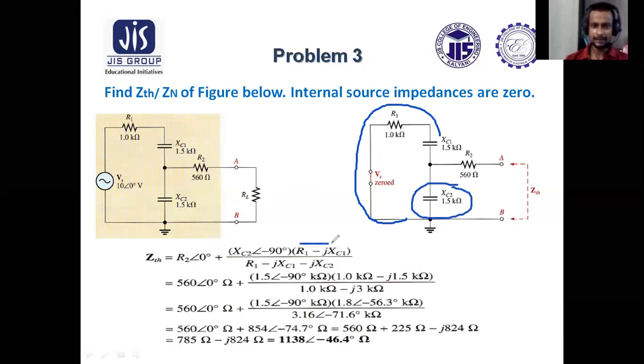So R1 minus jXC1 is in parallel with XC2. So it is R1 minus jXC1 into XC2 divided by sum of these impedances. So this part gives us equivalent impedance of this network. Okay. With this equivalent network, this R2 is in series. That is why plus R2.